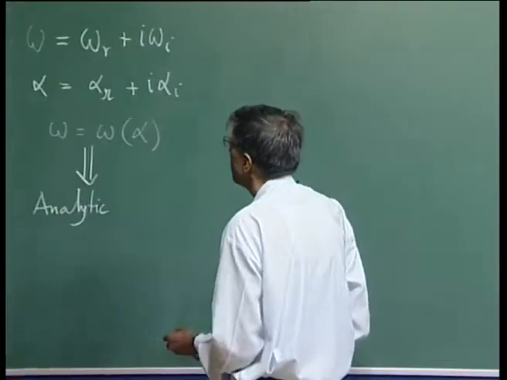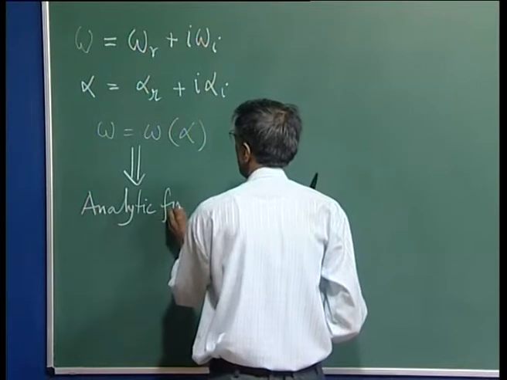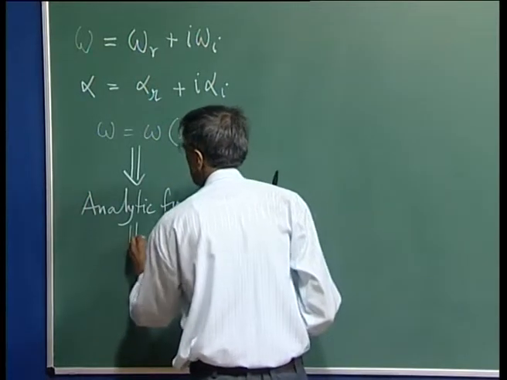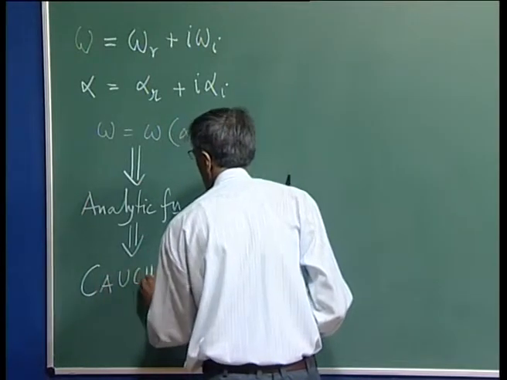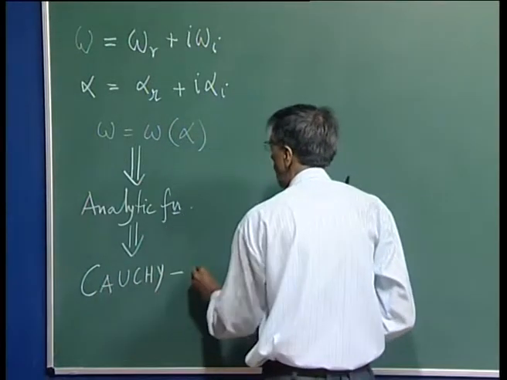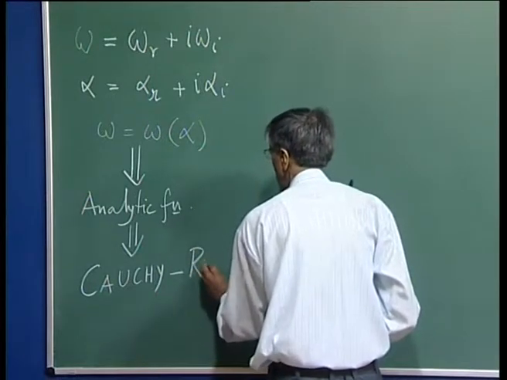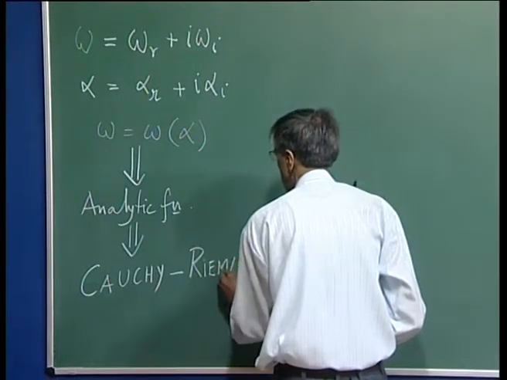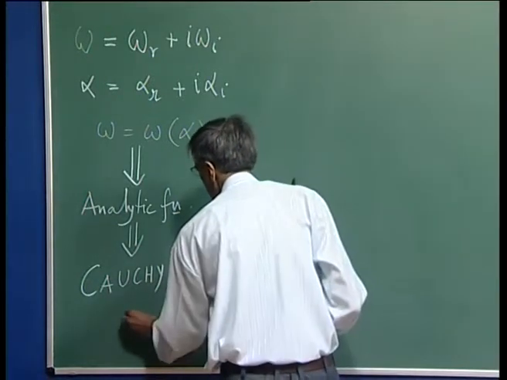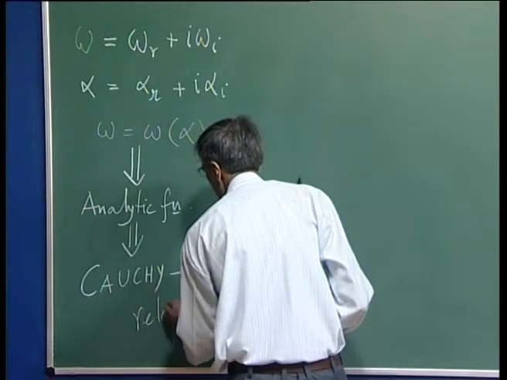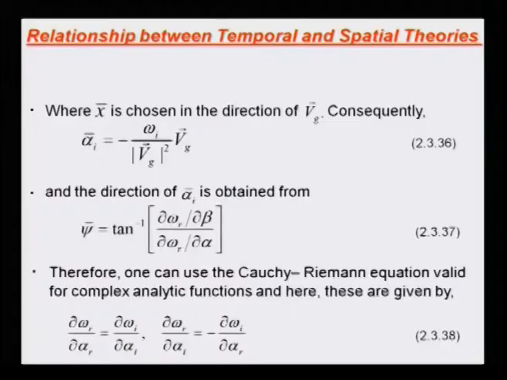As a consequence, if this is an analytic function, you get what has been taught to you earlier also, the Cauchy-Riemann relation, and that is what is given here. Now, let us try to identify the meaning of the terms.